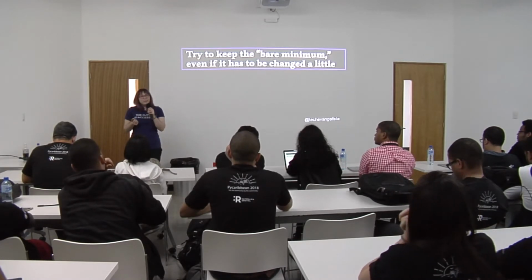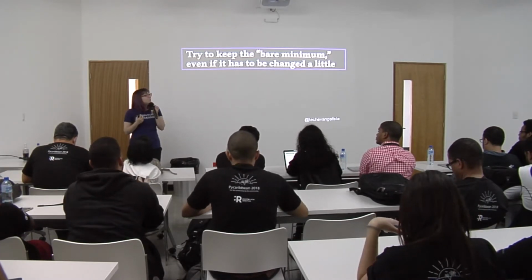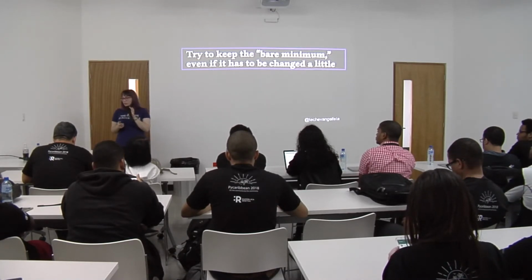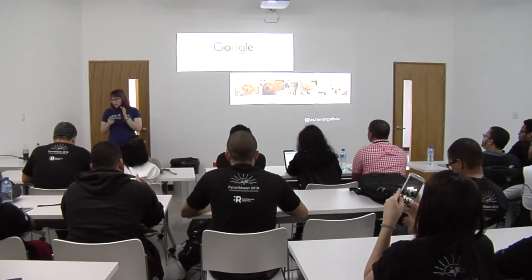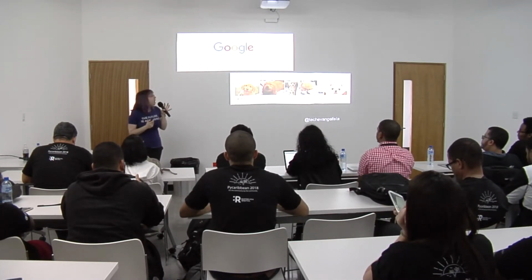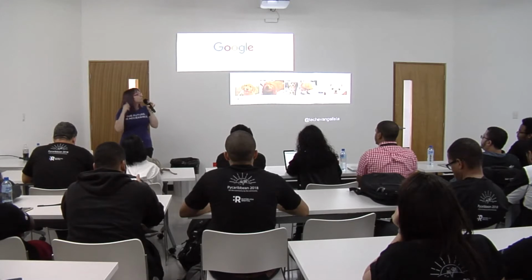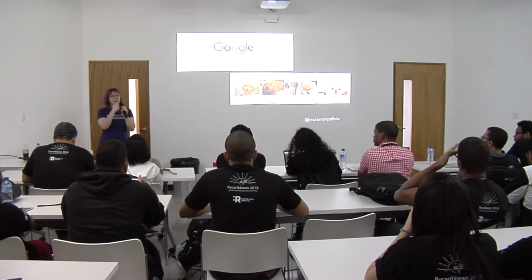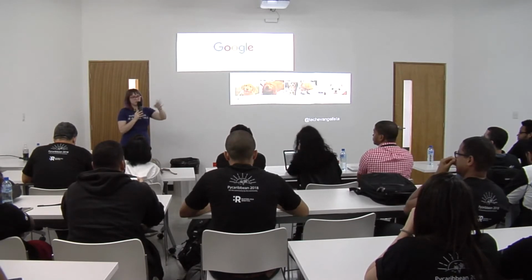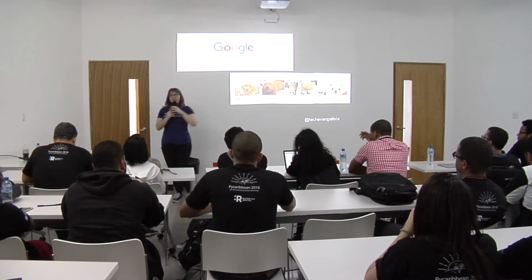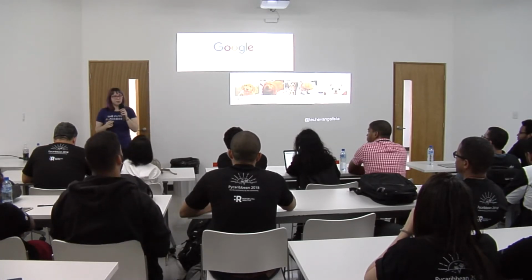You can try to keep the bare minimum, even if it's changed a little. For example, on Google, if you go to just google.com, you might see that it has an outline around certain things when you click it.